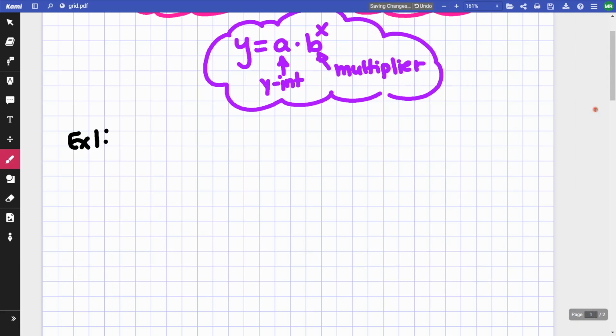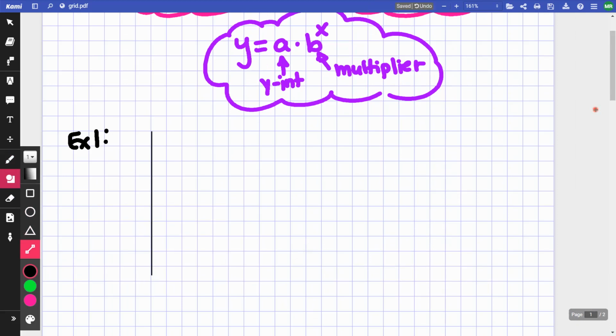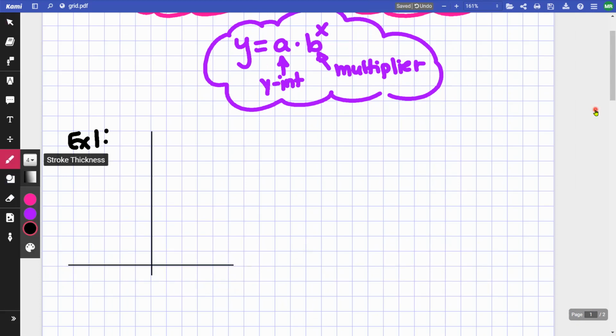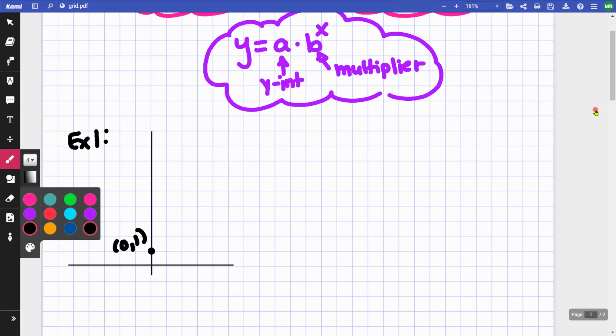I'm going to use a line since I'm having trouble drawing straight. And for this, we have a point at 0, 1, and a second point at 1, 6. So 1, 2, 3, 4, 5, 6. So 1, 6.